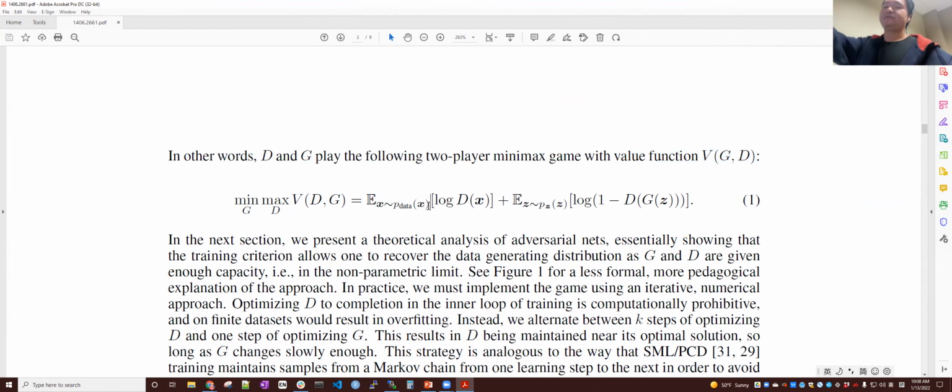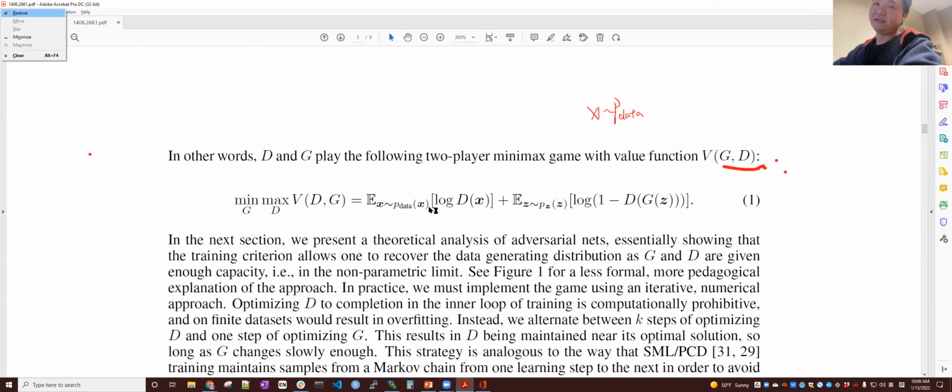Suppose we have real data following some distribution P data, and we sample some noise from Z, and we have our generator.